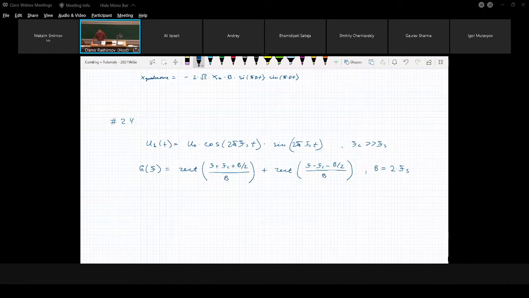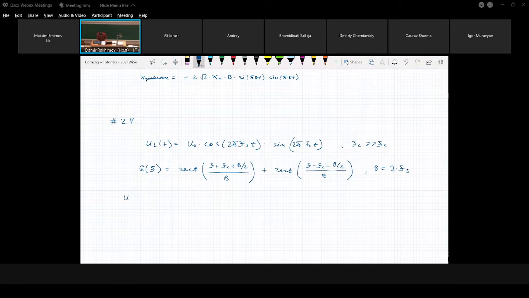Then, as we have a product of cosine and sine, probably in the frequency domain we have just a combination of delta pulses, and it will be easy to understand what we get after we pass our signal through this bandpass filter. Okay, good idea.